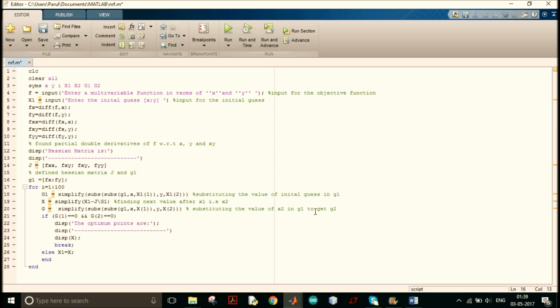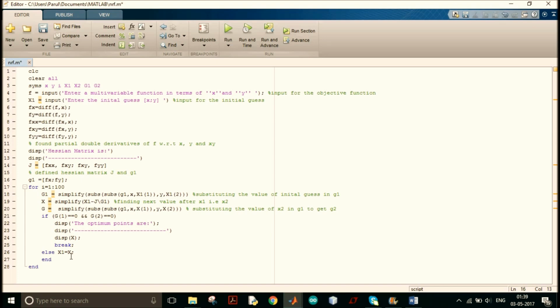After this, we find x. Now for finding x, we simplify x1 minus J inverse into capital G1. So this will be x2 for the first iteration. Now G2 is just substituting the value of x2 in G1. So by that we get G2.